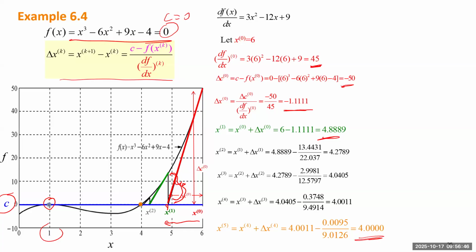So this one is much faster than the Gauss-Seidel method. Each root also has a domain of attraction, which means if you start the initial guess from the red zone, it will always converge to 4.0. If you start from the blue zone, it always converges to 1.0.